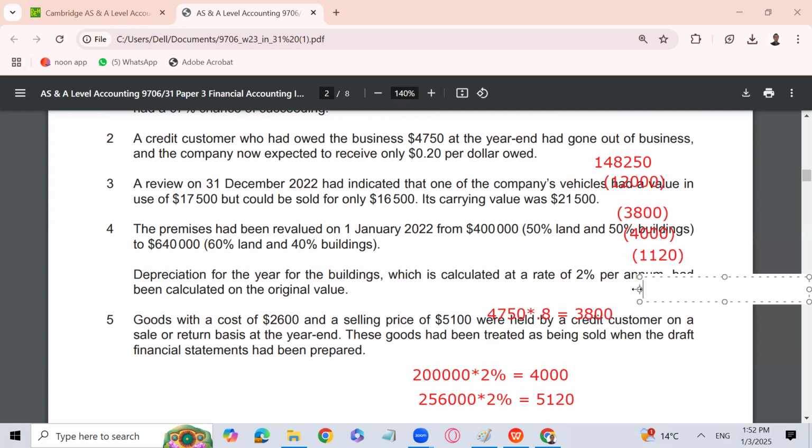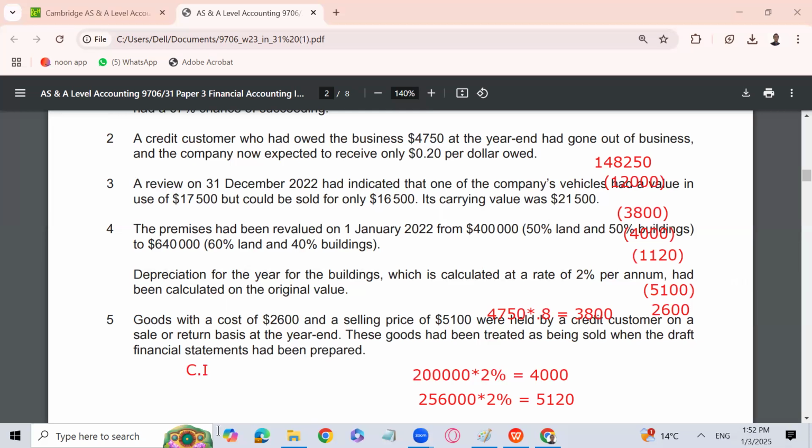So sales are going to be debited with 5,100. So profit will decrease by 5,100. And closing inventory to cost of sales, 2,600. We have to add 2,600 to find the corrected profit, right? Because closing inventory needs to be added back.